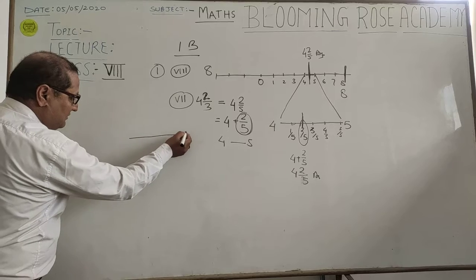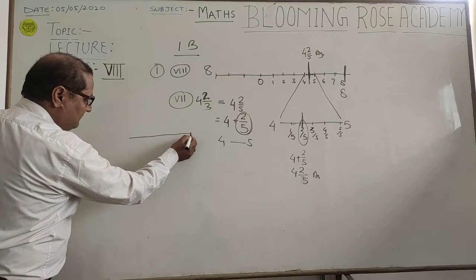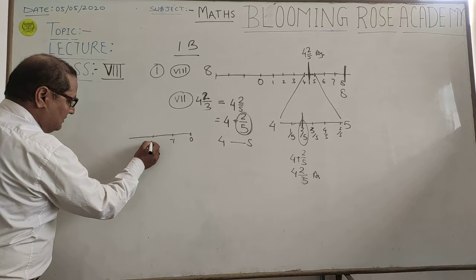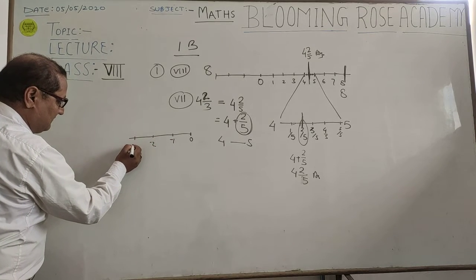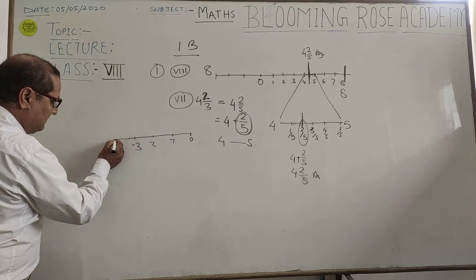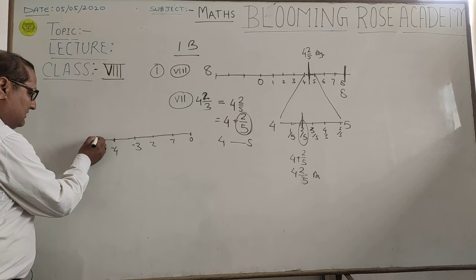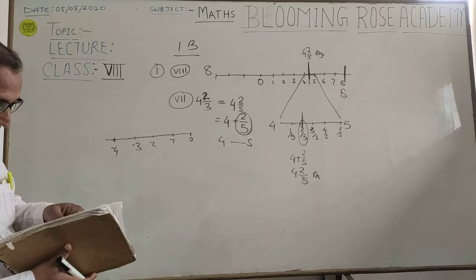For example, suppose this is 0, then here we can write -1, -2, -3 and -4.